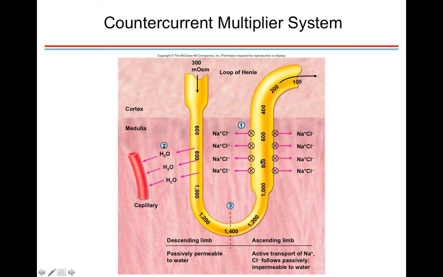And then as the sodium and chloride leave, it's going to restore the lower osmolality to the filtrate. And then the same thing's happening in the vasa recta, except that its descending loop is going to be picking up sodium chloride, and then its ascending loop is going to be picking up water. So it's basically like a mirror image of this.